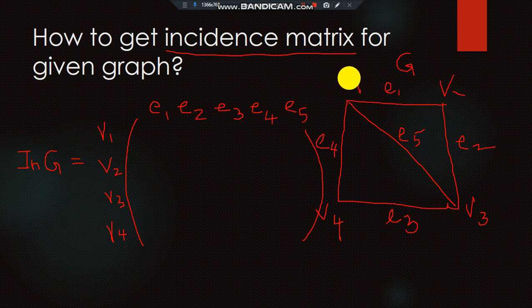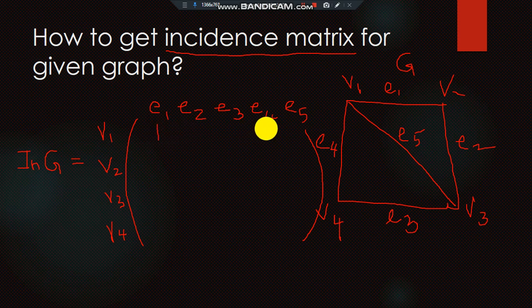Now take vertex V1. How many edges are incident on this? E1 is incident on it, edge E5 is also incident, and E4 is also incident on V1. So E1 is incident on V1, so I am putting 1.